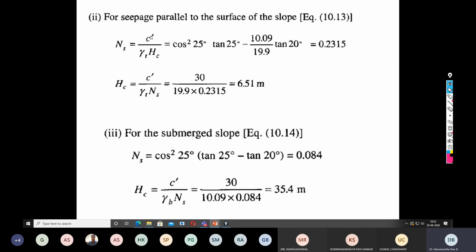In case of seepage, it is happening in a negative way, while in case of the submerged slope, it acts in a positive way. Because of this, the height of the slope under submerged condition can be as much as possible, in fact higher than the dry condition. And this is valid in general. Under all submerged conditions, you may go for the highest thickness of the soil layer.